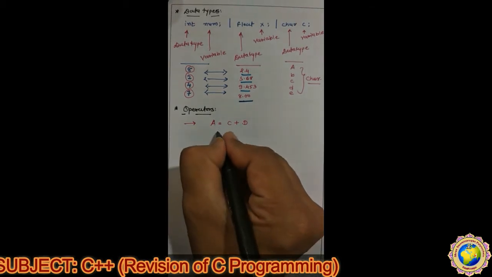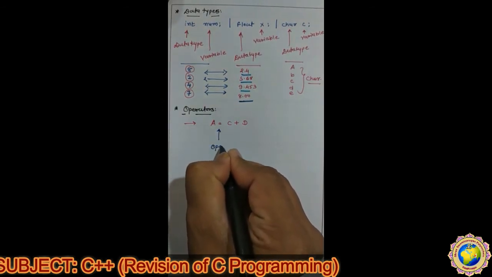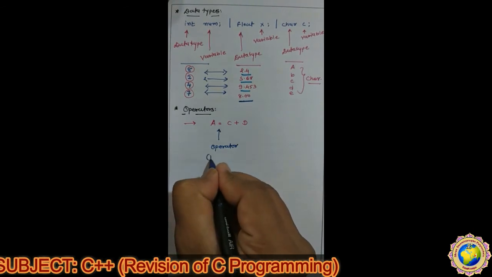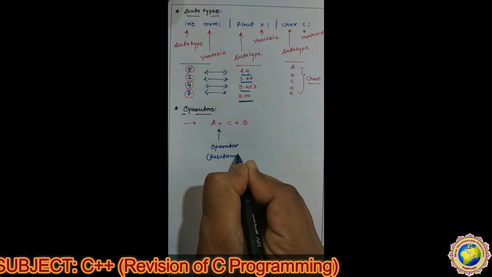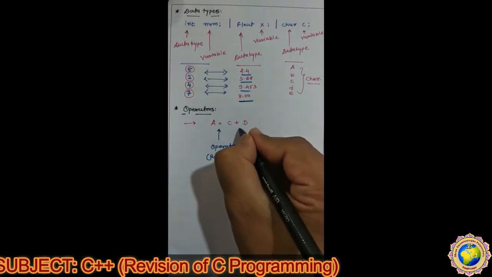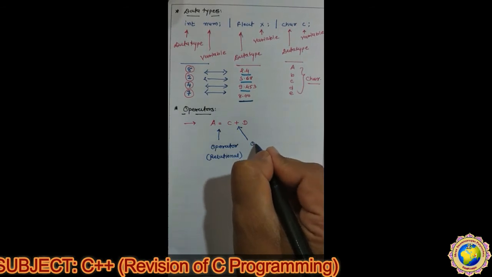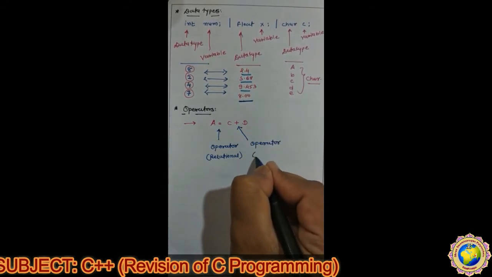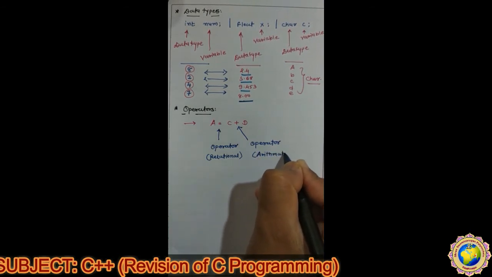Here is equal to is an operator. Which operator? It is a relational operator. The second operator is the plus. So here plus is also an operator. It is an arithmetic operator.